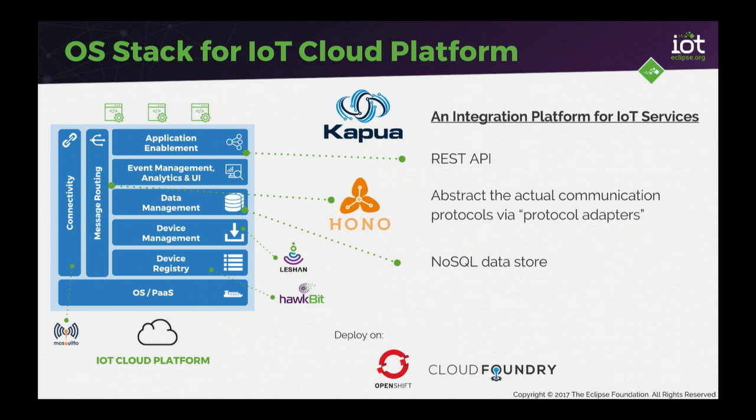In which case, what they will do effectively is create a new microservice in the Kapua runtime and take it from there. And Kapua is also taking care of providing top-notch integration with cloud infrastructure such as OpenShift or Cloud Foundry.